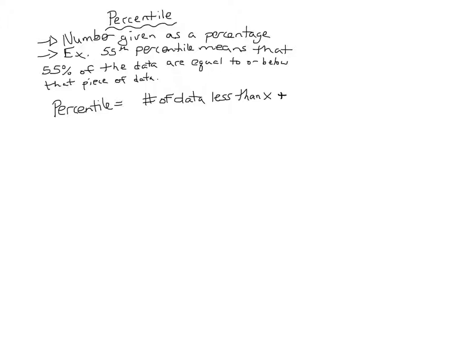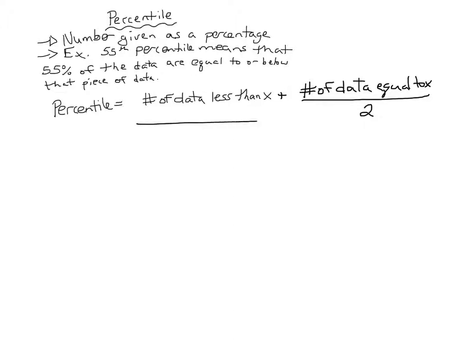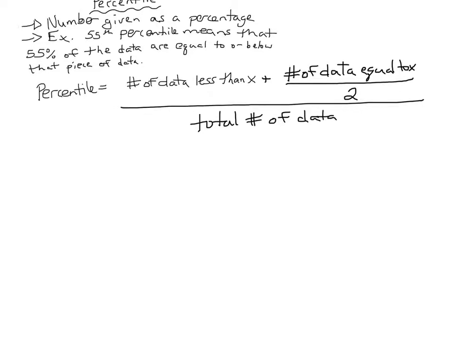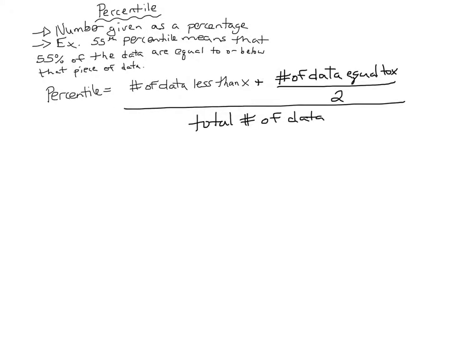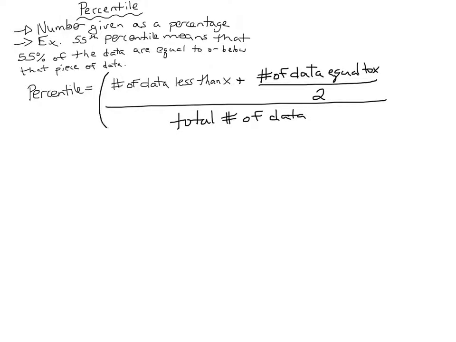plus number of data equal to x divided by 2, all divided by total number of data and so just the number equal to x, all times 100.